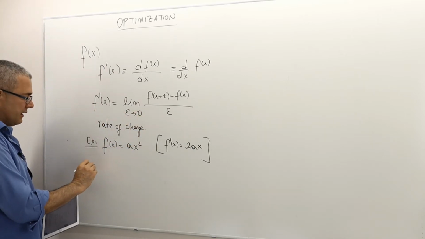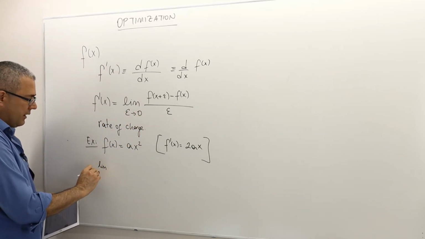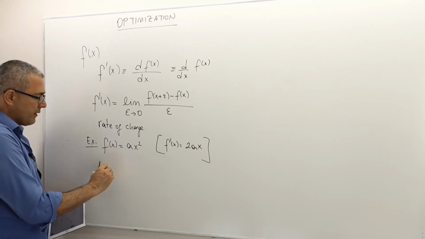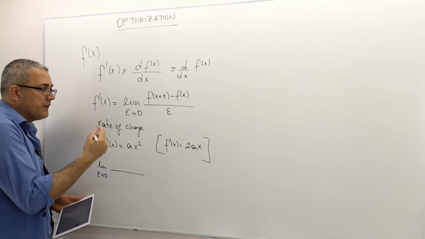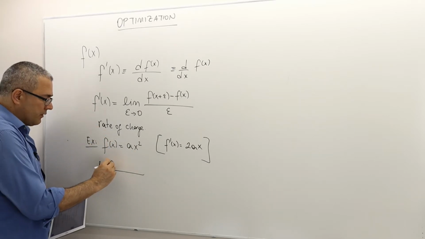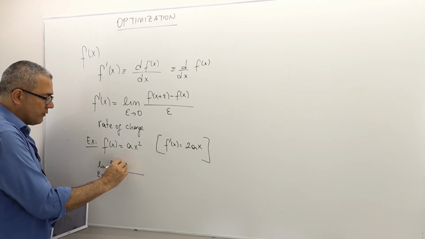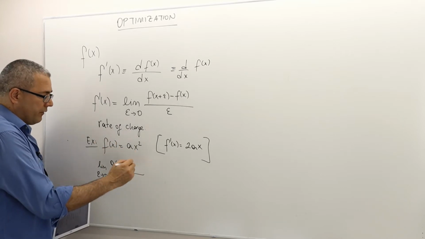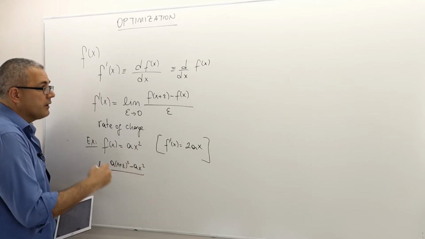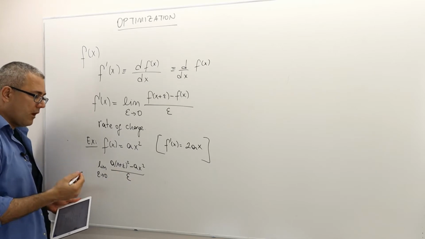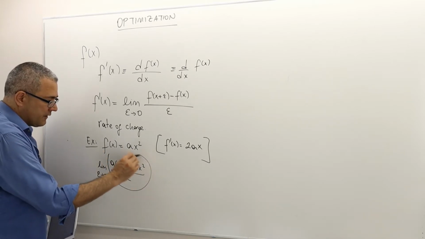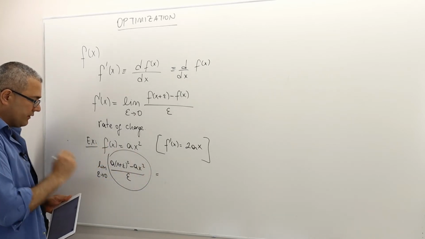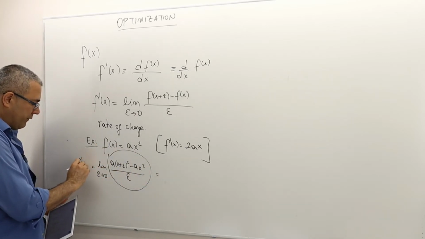So here is the idea. I'm going to take a limit as epsilon goes to 0. But first of all, what is f of x plus epsilon? Instead of x, I'm writing x plus epsilon. So it's a times (x plus epsilon) squared minus f of x, which is a x squared, divided by epsilon. The rest is basically simplifying this part. By the way, this is f prime of x.